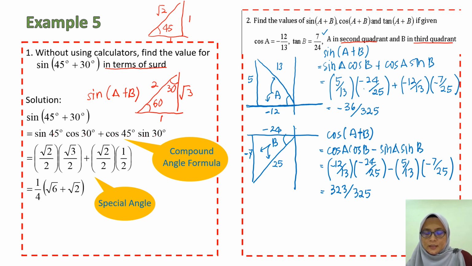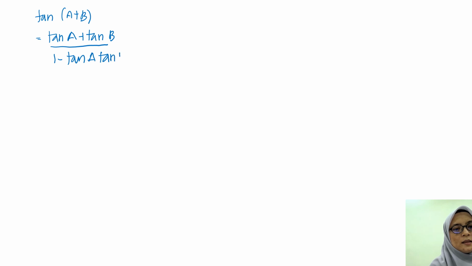Alright, so the last one is for tangent. Tangent A plus B is equal to tangent A plus tangent B over 1 minus tangent A tangent B. Okay, so then substitute the value.